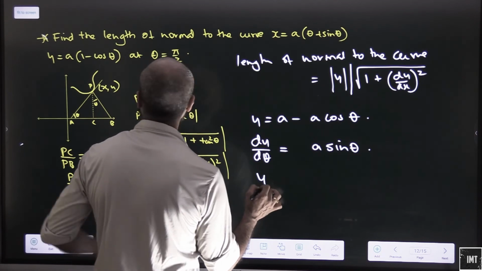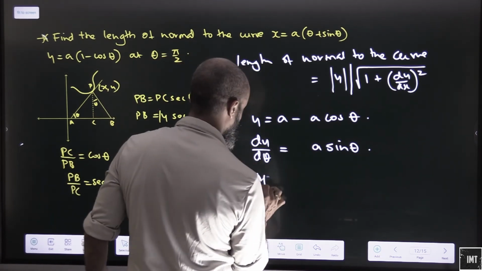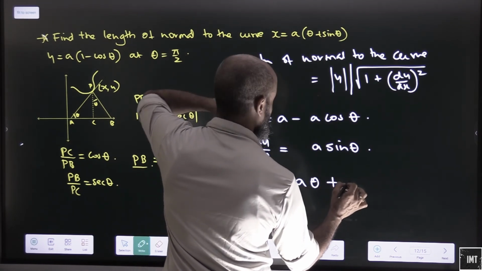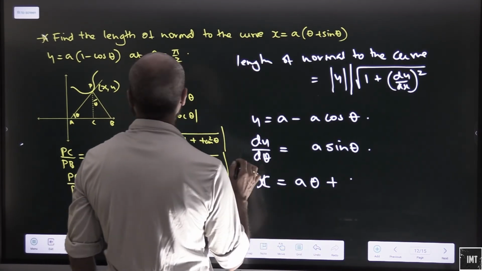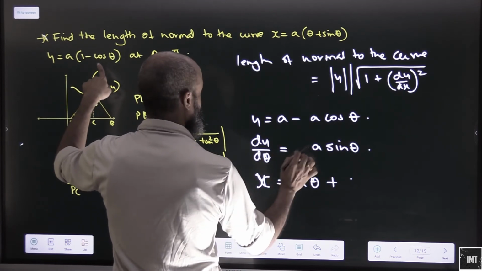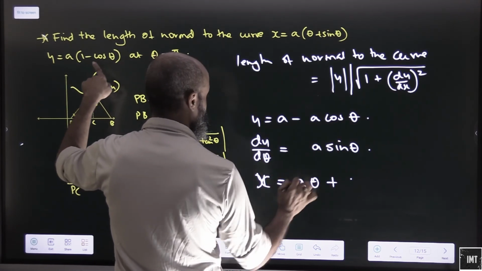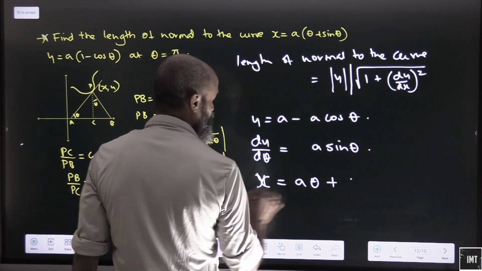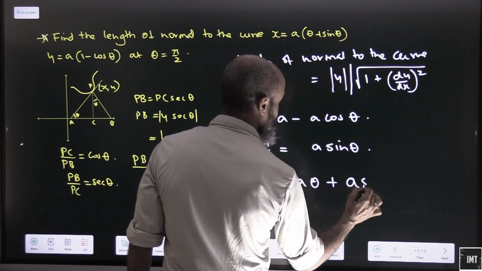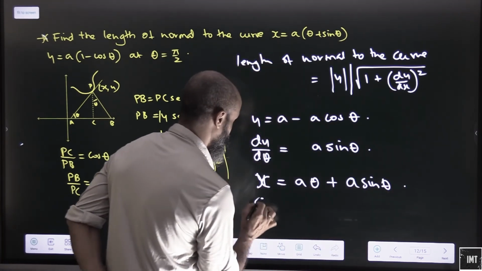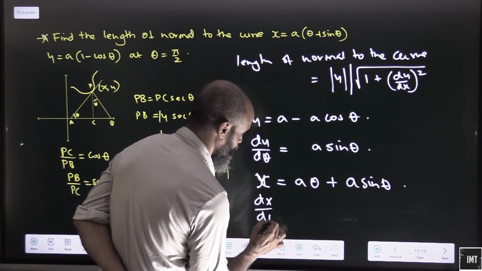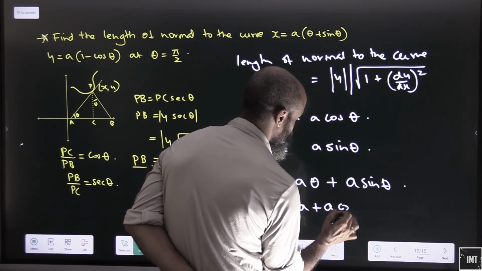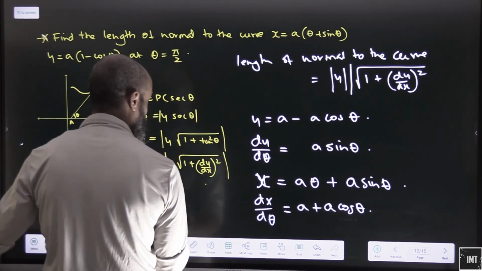And similarly for this curve, x is equal to a theta plus a sine theta. So dx by d theta here will be a plus a cos theta.